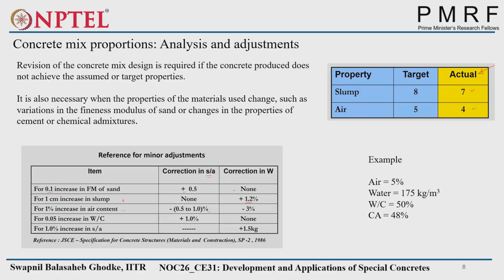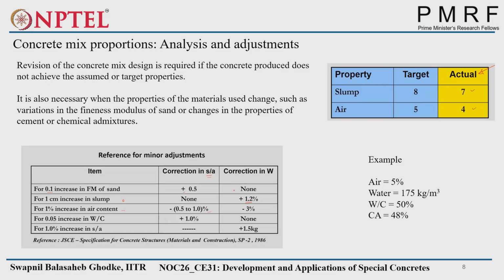Converted into liter, with 3.1 as the specific gravity, 350 divided by 3.1 comes to 112.9 liter. So we got air 50 liter, water 175 liter, cement 112.90 liter.